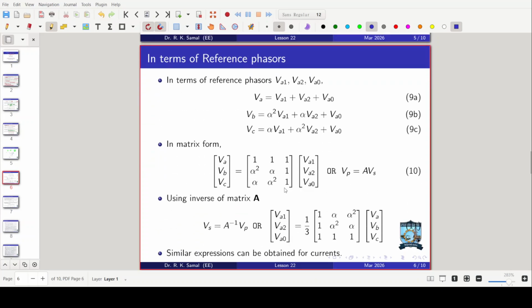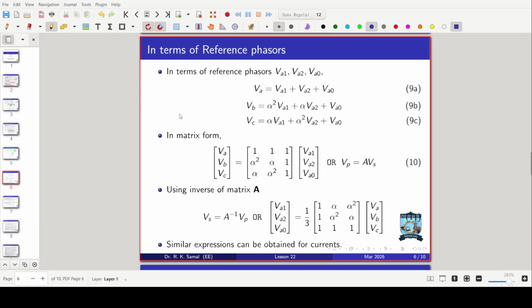Now suppose this VB and VC we want to represent also in terms of the reference phasor, which is VA. So in our case the reference phasors are VA1, VA2 and VA0 for positive, negative and zero sequence respectively. Therefore, the voltage VA, as we have seen earlier, is given by the addition of positive, negative and zero sequence.